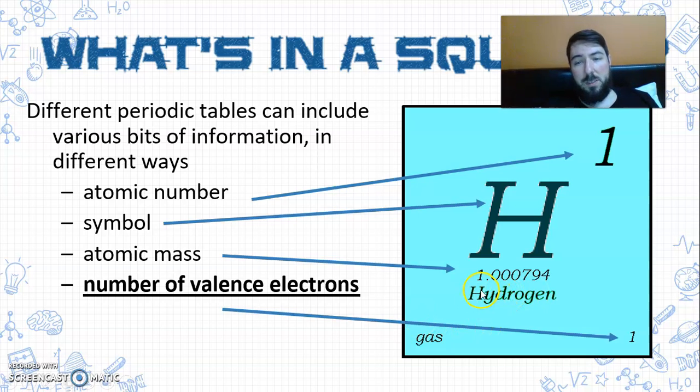So this is really just an average of the number of neutrons it has. You don't have to worry too much about that right now. And then at the bottom right is the number of valence electrons. We haven't talked about valence electrons yet, but those are the electrons it has in its outermost shell. We're going to be talking about that a little bit later, but that is going to be very important.